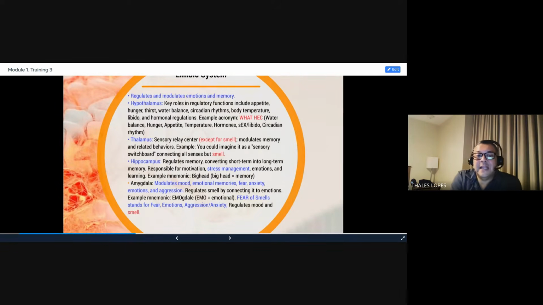It is part of the hippocampus, not the amygdala, right? So if your test has highlighted stress and you are to pick where it belongs, it is the hippocampus, not the amygdala, right? Emotions, learning.